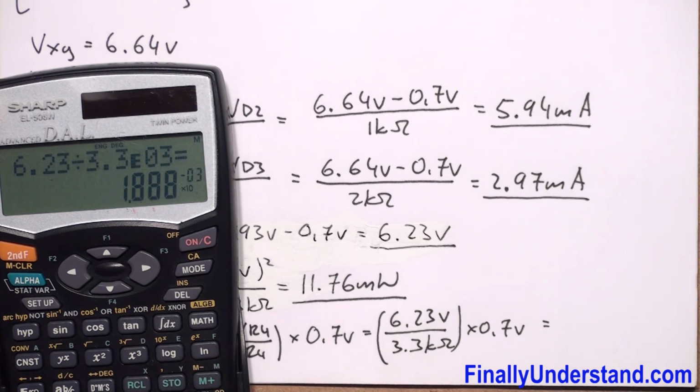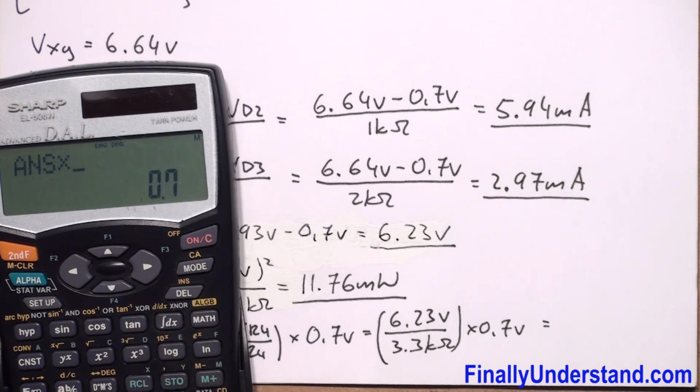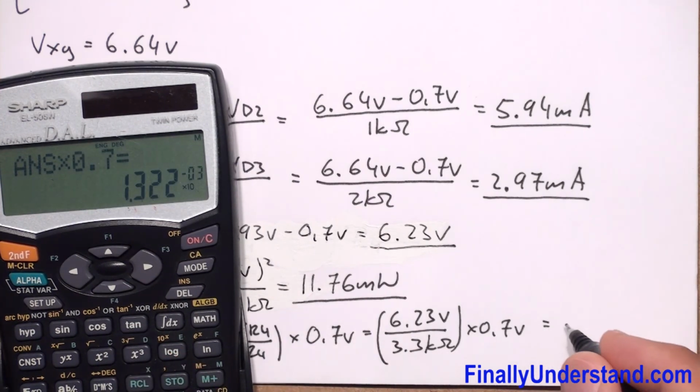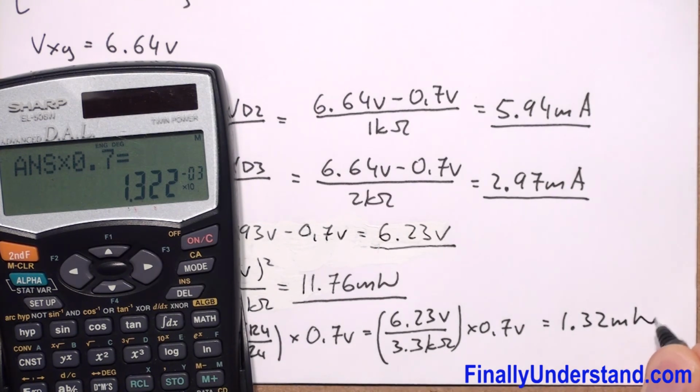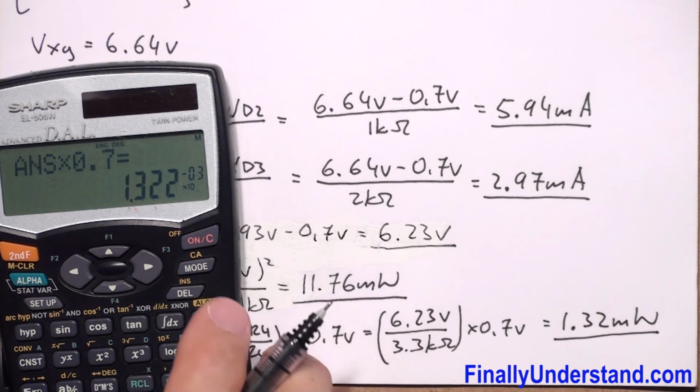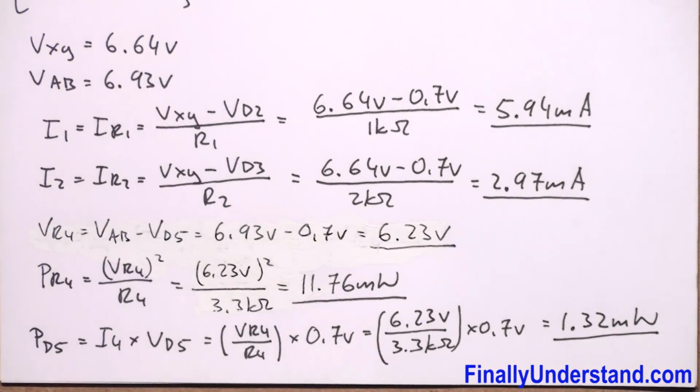Okay, and this is my current I4 times 0.7 volts. This is equal 1.32 milliwatts. Okay, so this is the power at the diode D5.